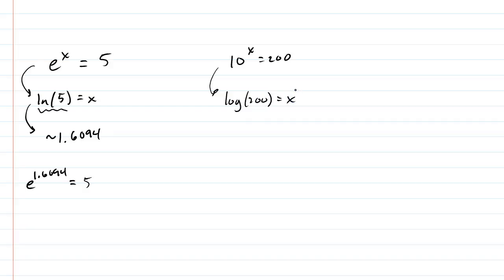So again here, log base 10 of 200, if I put that in the calculator, it's going to be approximately 2.301. So we're saying that if I do 10 to the 2.301 power, I should get 200. Okay, so that's if you're using your calculator.